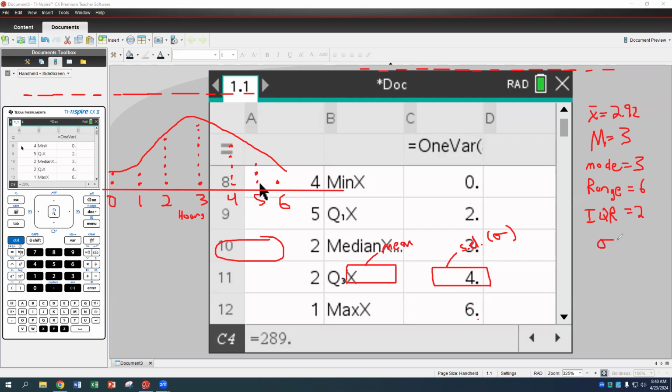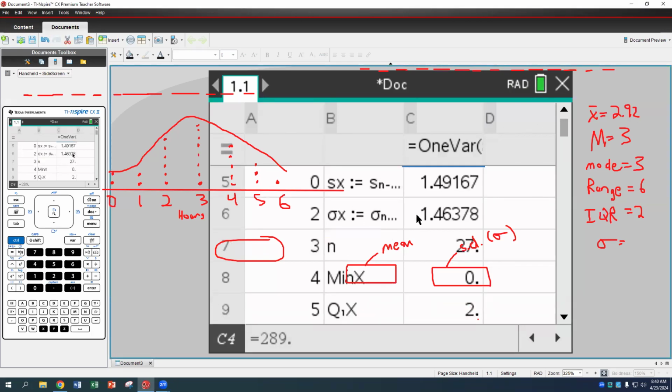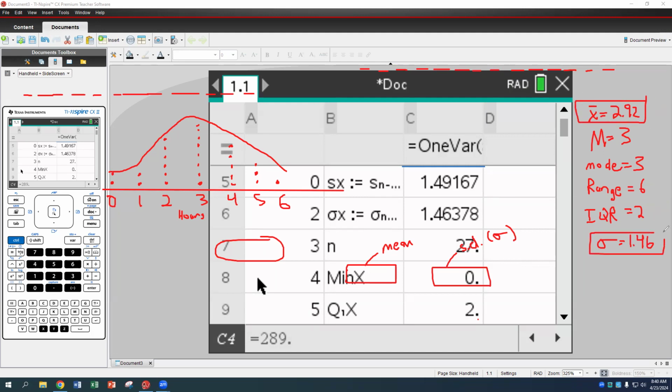And our standard deviation right here is 1.46. The two we care about the most here are the mean and the standard deviation, because it is a normal distribution.